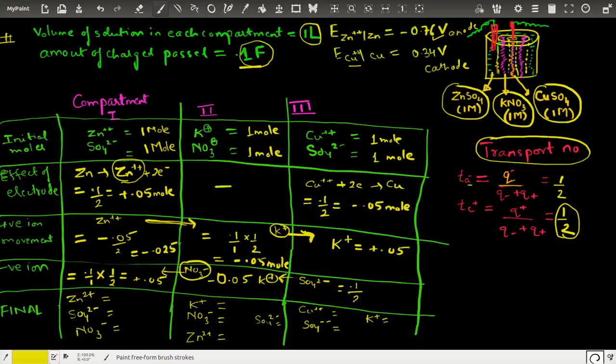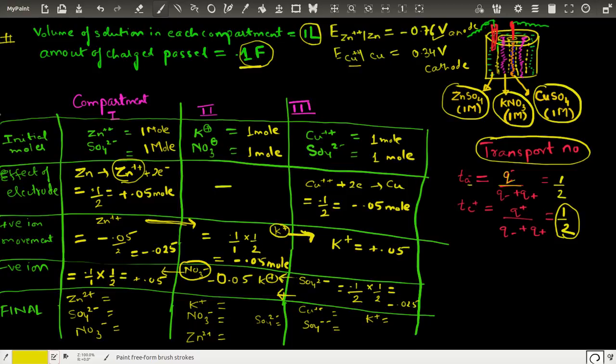The charge on the sulfate is 2, and if we multiply by the transport number, which is 1 by 2, the loss comes out to be 0.025. This is a loss for the third compartment, and it becomes a gain for the second compartment.